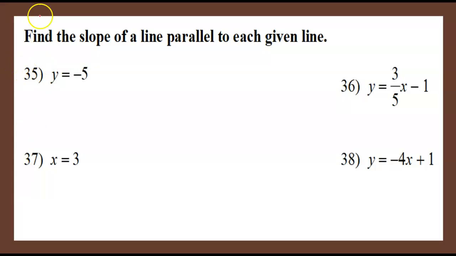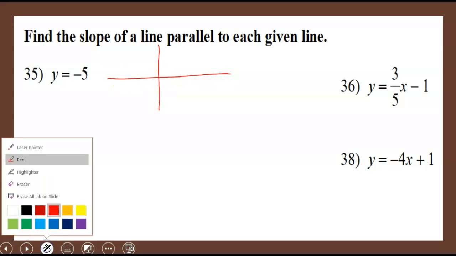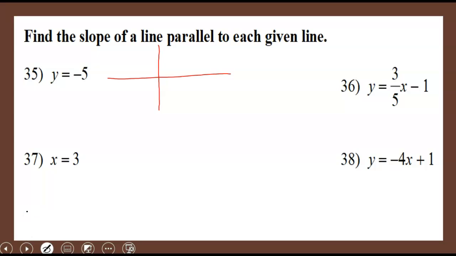Okay, let's solve a problem. Find the slope of a line parallel to this one. So this is one line, and we have to find the slope of another line that is parallel to it. What does this line look like? This is in the coordinate plane. So this is -5.